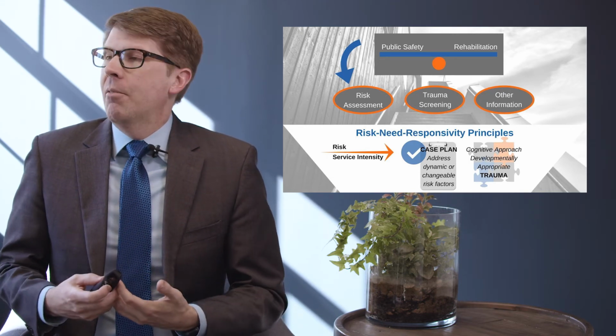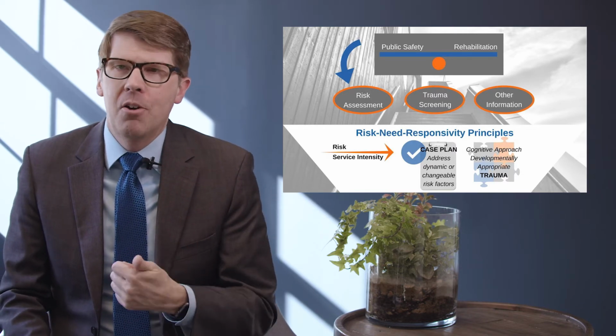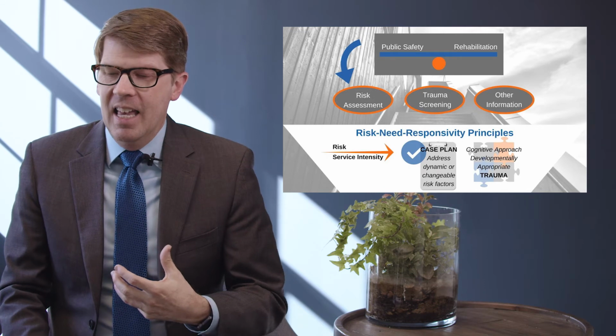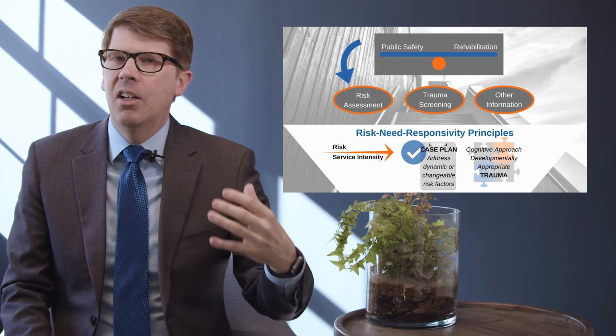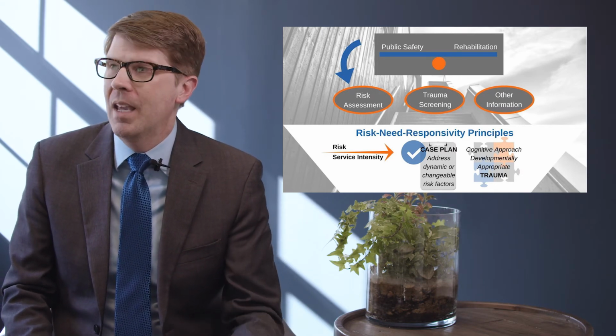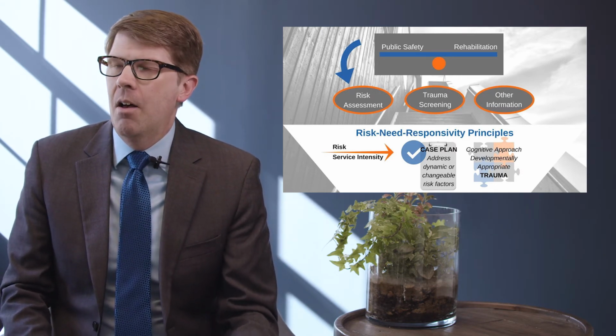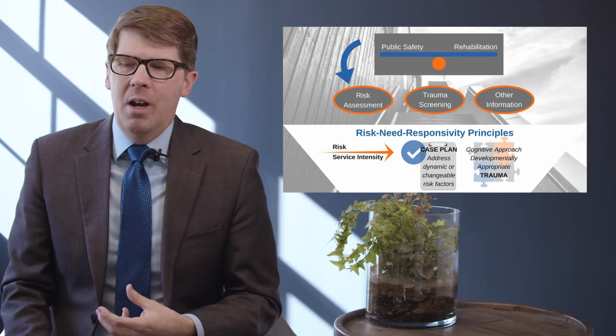And that pattern has been reinforced not only through best practices, but also the empirical literature, which suggests those criminogenic needs are the factors that are most likely going to increase a youth's risk for engaging in future delinquent behavior. Right? But we also know that responsivity factors are important as well.